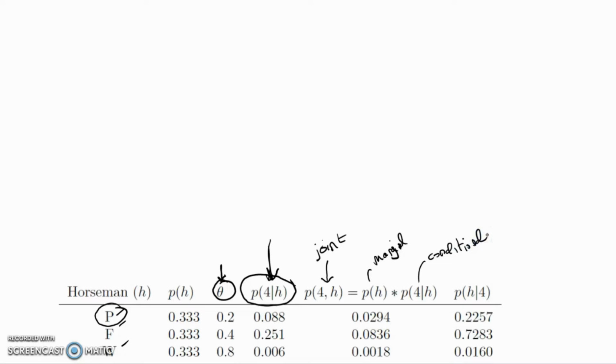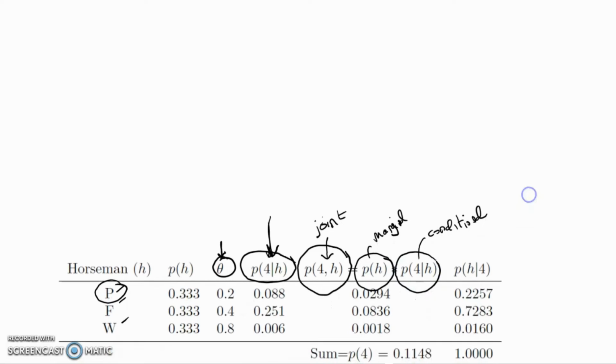And the way we saw this previously was, one way to think about it is, if we want to be in a situation where we've got 4 dead and a particular horseman, first of all, we've got to have the probability of that particular horseman, and then we've got to have the probability of 4 dead given that particular horseman.